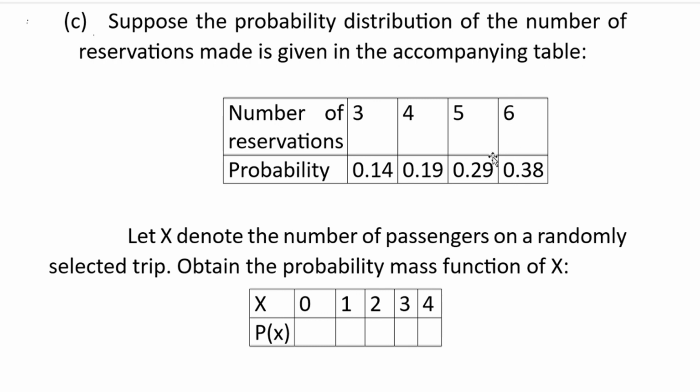That is, the company can make 3 reservations with probability 0.14, 4 reservations with probability 0.19, 5 reservations with probability 0.29 and 6 reservations with probability 0.38. We need to find the number of passengers on the selected trip with this information, right?